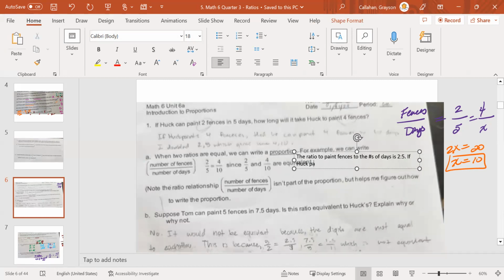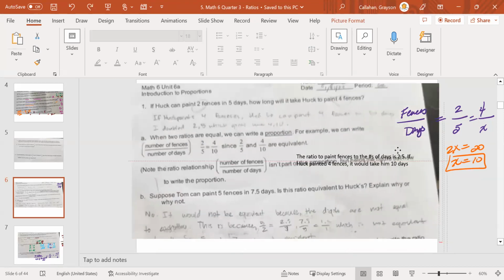If Huck painted 4 fences, it would take him 10 days. That's all you have to write, in addition to showing the work of what I just did.